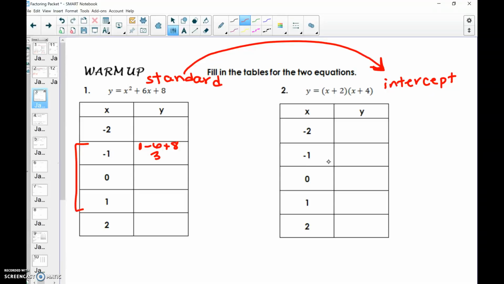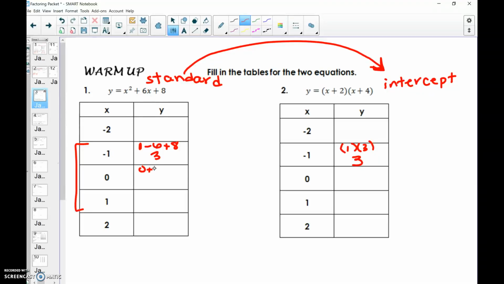So let's try it over here. Same kind of process, only this time I'm plugging it into this intercept form, a little bit different math. -1 plus 2 is +1. It's going to be times the second thing. -1 plus 4 is +3. Well, 1 times 3 equals 3, and I get the same answer. Good. All right, plug in 0. I get 0 squared.